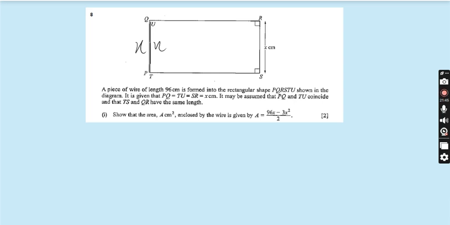It may be assumed that PQ and TU coincide and that TS and QR have the same length. Show that the area A centimeter square enclosed by the wire is given by A equals 96x minus 3x square upon 2. Very easy.